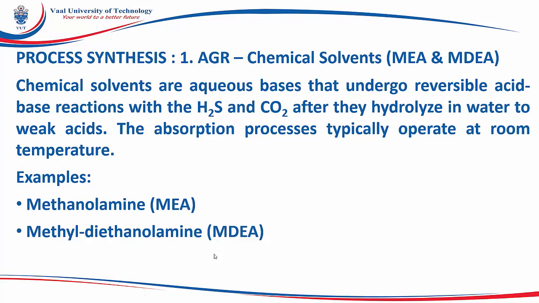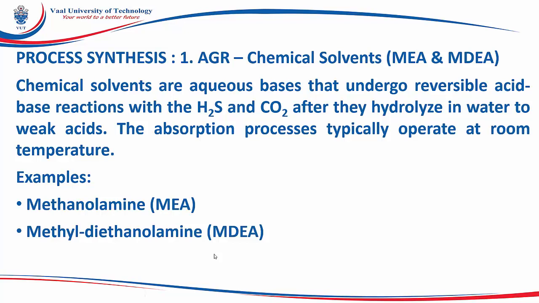At the top, we have the chemical solvents, which usually use MEA and MDEA solvents. These chemical solvents are aqueous bases that undergo reversible acid-base reactions with the acid gases after they hydrolyze in water to weak acids. The absorption process typically operates at room temperature.